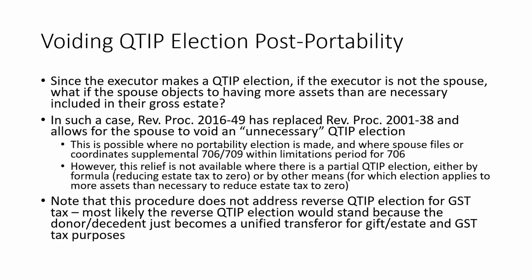So that's probably why that wasn't mentioned, and that's also pretty good authority, I think, to rely on to say that there's no effect on the reverse QTIP election if there's a voiding of the actual marital deduction QTIP election.